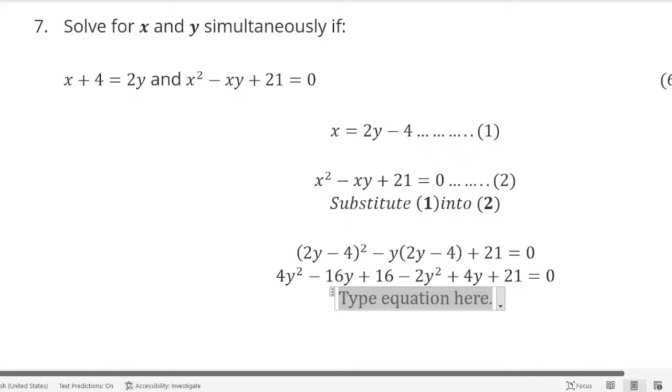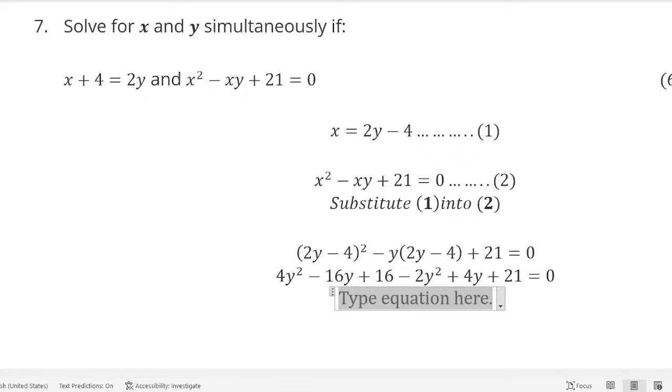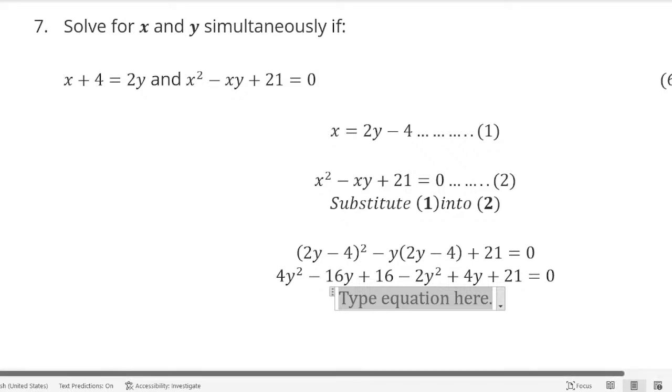Now let's simplify. Let's add the like terms. Here we have 4y squared minus 2y squared, that will be 2y squared.